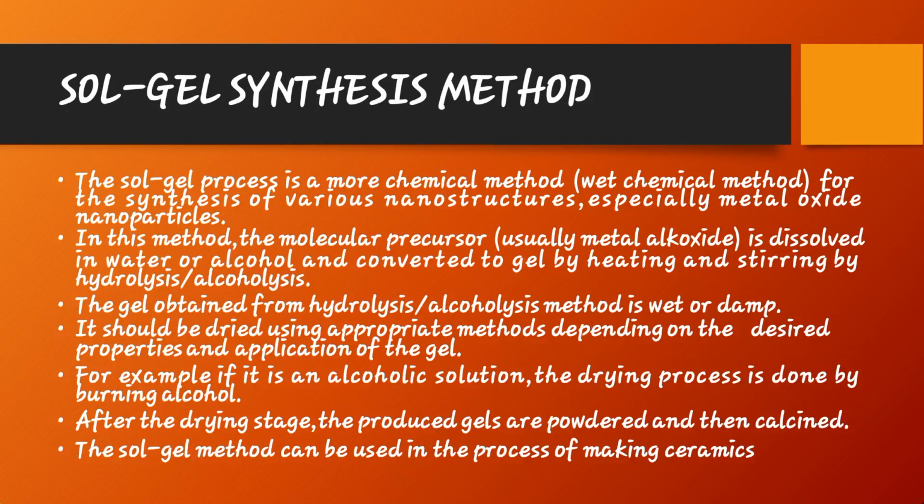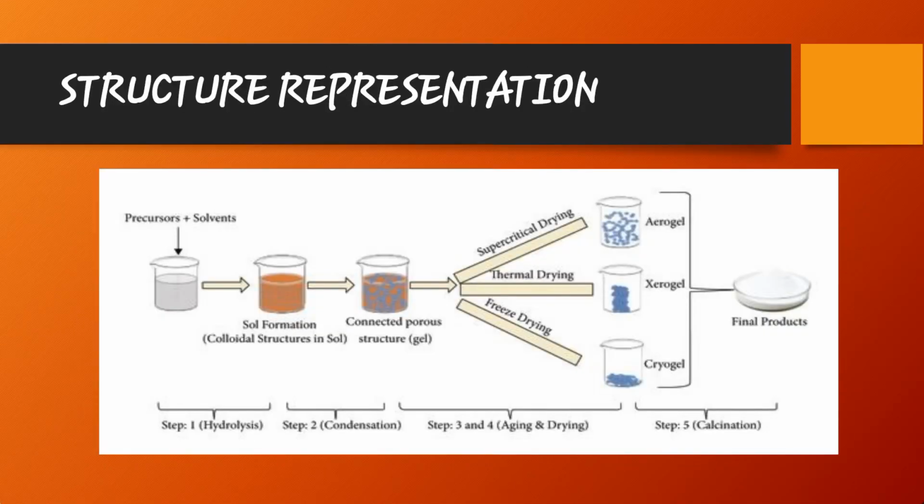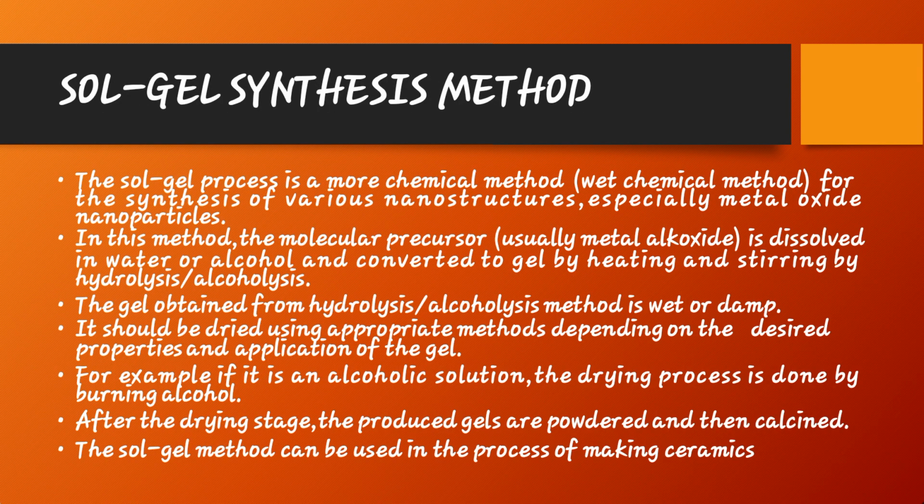Next, sol gel synthesis method. The sol gel process is a chemical method for the synthesis of various nanostructures, especially metal oxide nanoparticles. In this method, the molecular precursor, usually metal oxide, is dissolved in water or alcohol and converted to gel by heating and stirring by hydrolysis, alcoholysis.